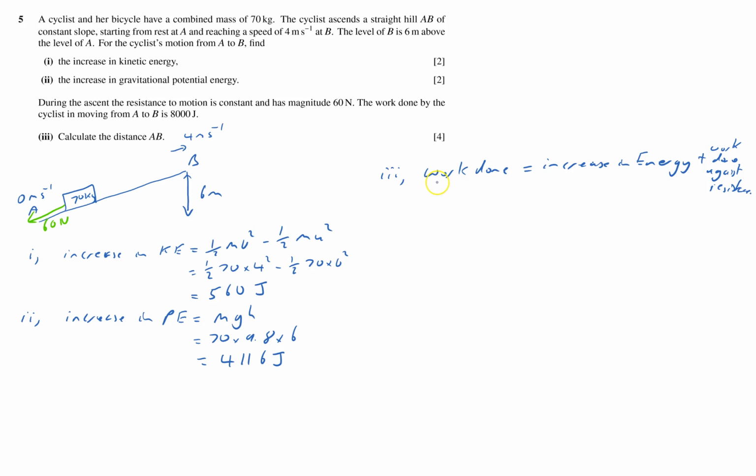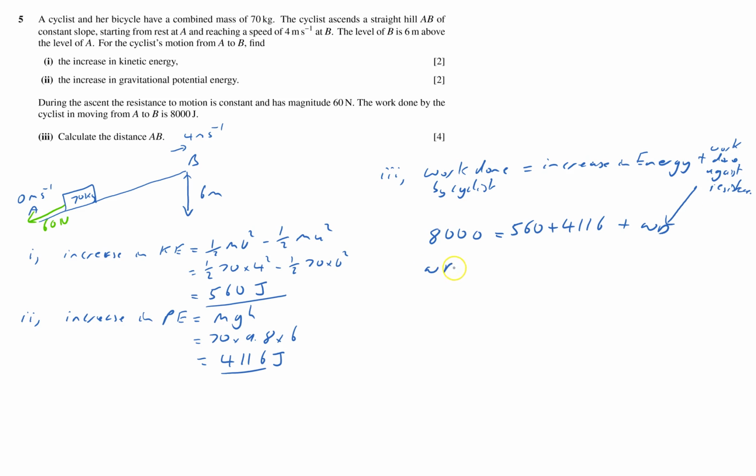And so what is this? It's work done by the cyclist. It says it's 8,000 equals increase in energy. Well, that'll be the kinetic energy, which is 560, plus this bit here, 4116, and then plus the work done against the resistance.